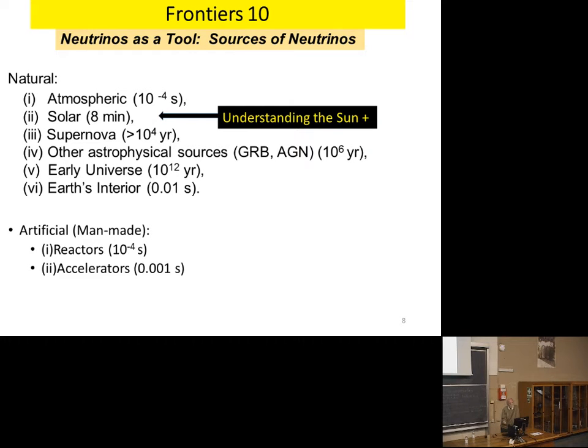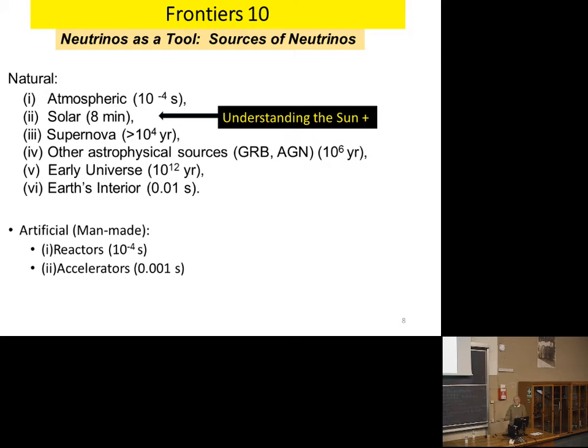So when we talk about really understanding the early universe, the ultimate tool, if it isn't gravitational waves, which we'll come to in the next lectures, it's neutrinos that give us the best handle on what happens in the early universe. Even if we talk about this Earth that we live in, to understand what's happening in the core of the Earth, deep inside the Earth, the best tool we really have, our best signature we really have, is the neutrinos that are being emitted from the interior of the Earth.